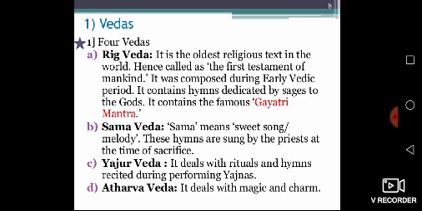These are the hymns used during the yajnas. The last Veda is Atharva Veda. It deals with magic and charm, some magical hymns used in the Vedic period. That is about the four Vedas: Rig Veda, Sama Veda, Yajurveda, Atharva Veda.